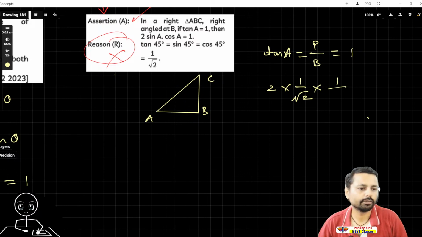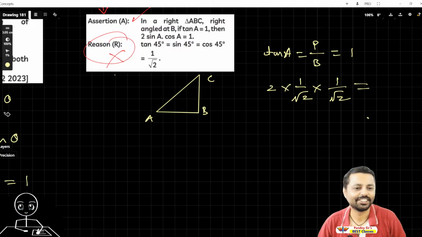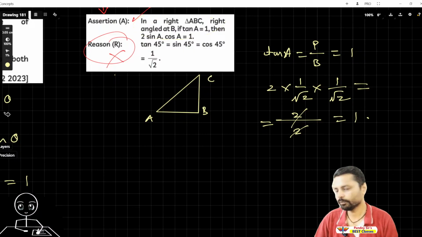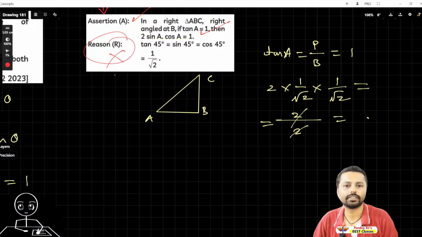So we get 2 by root 2 squared, which is 2 by 2, and that's equal to 1. So the assertion is therefore right. That's why the assertion is right.